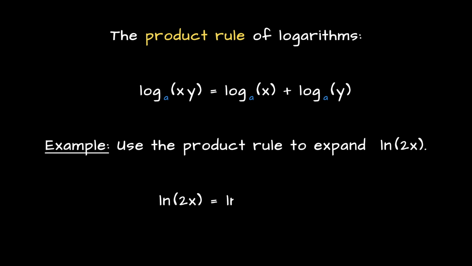Or, if we want to do it the other way around, the natural log of x plus the natural log of 2. And this little example shows us something rather interesting about logarithms. It shows that multiplying the input of a logarithm by a constant is actually equivalent to adding a constant to the output of the logarithm.